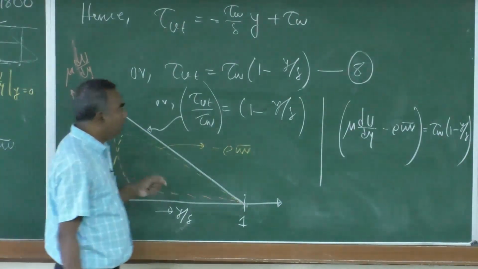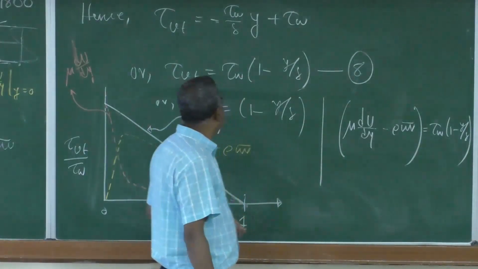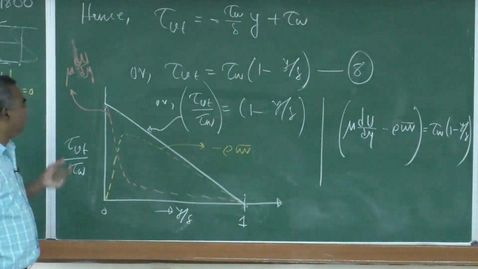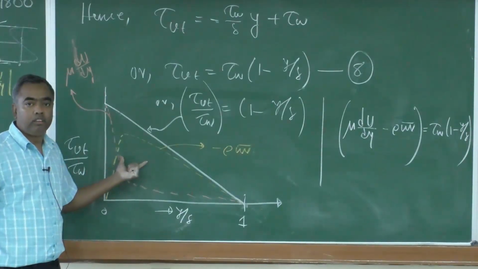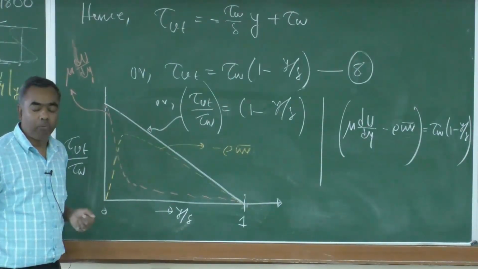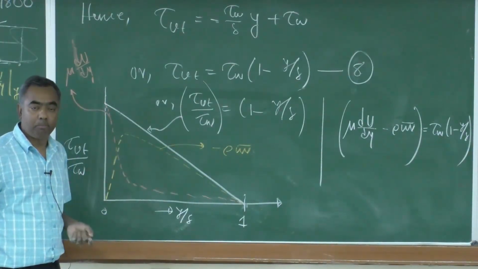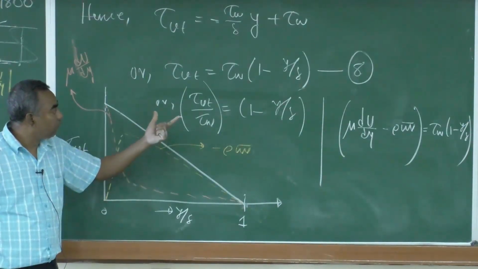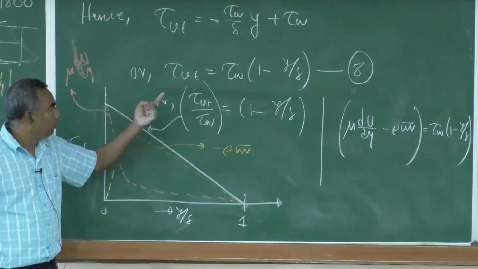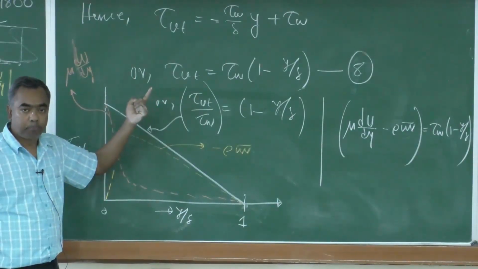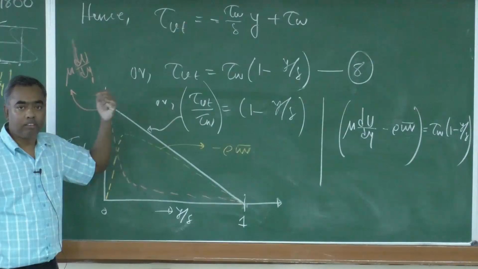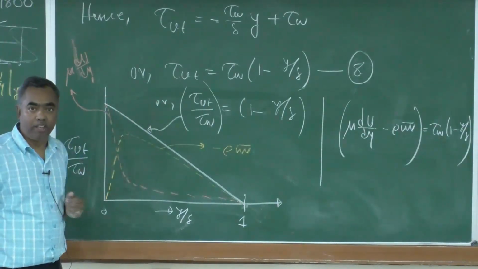So, this particular derivation shows that the channel flow is completely described by these quantities, for example rho, nu, delta, as well as the pressure gradient at the wall.